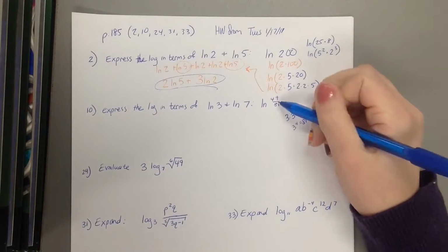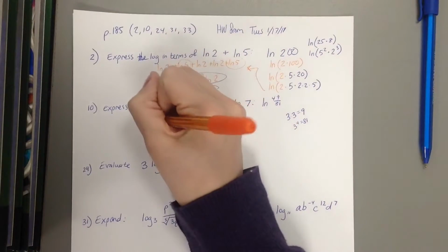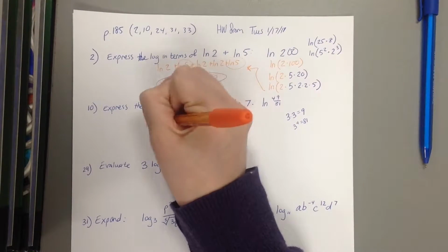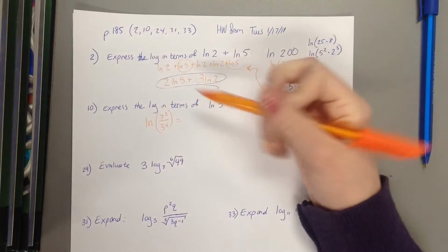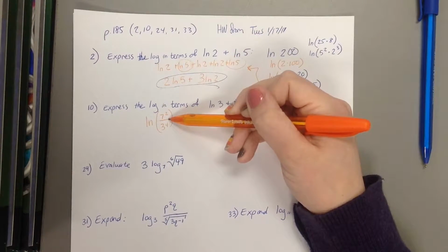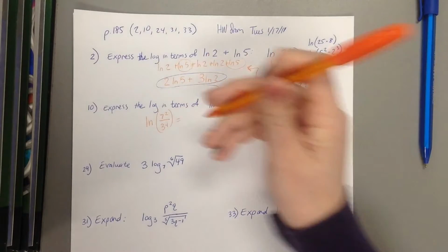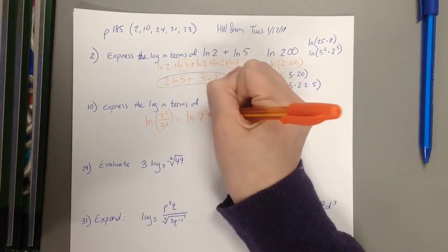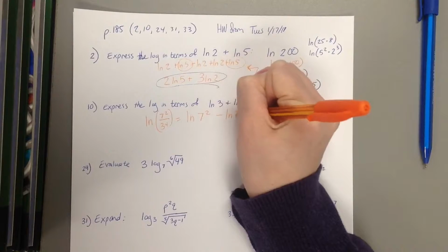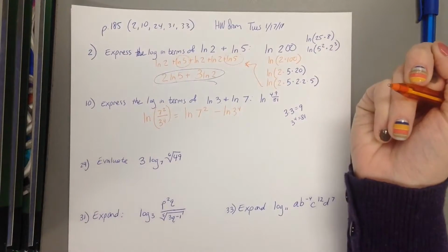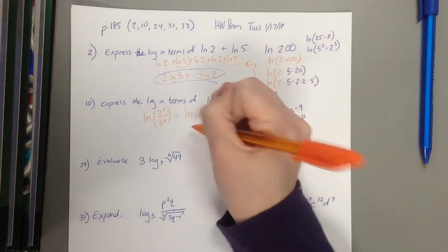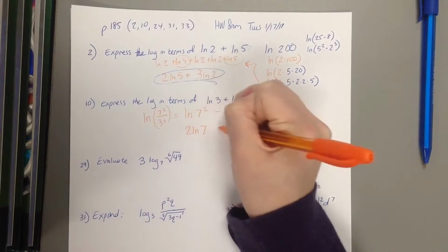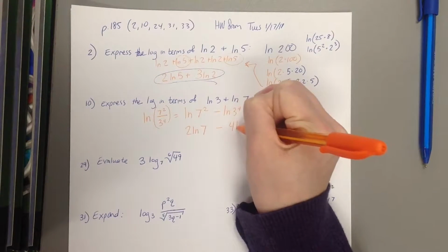So I'm going to rewrite this as the natural log of 7 squared over 3 to the fourth power. Because this is a division problem, I can rewrite this as a subtraction of 2 separate logarithms. And because they both have exponents in the logarithm, I can take that exponent and multiply it out front instead of inside.